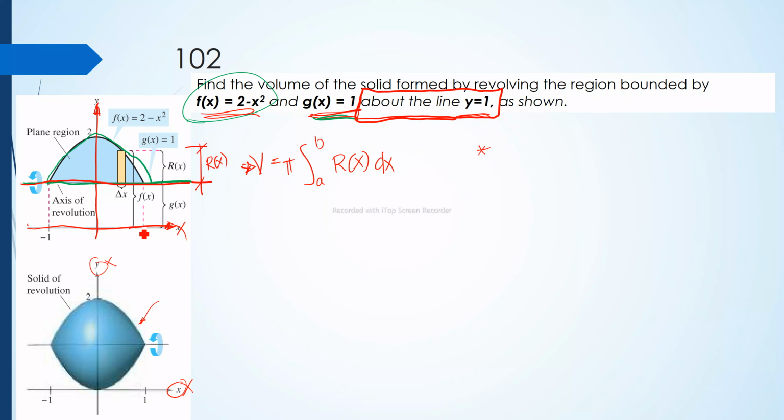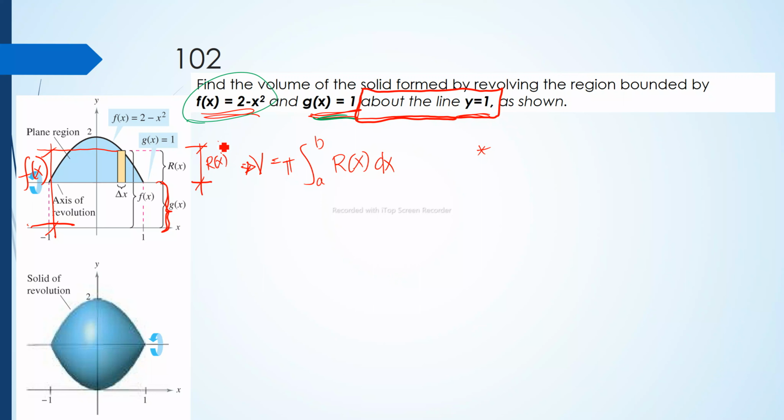Let's just delete this to clean up. From the x-axis, this curve along this one, that is our f of x. Now here, that is our g of x.